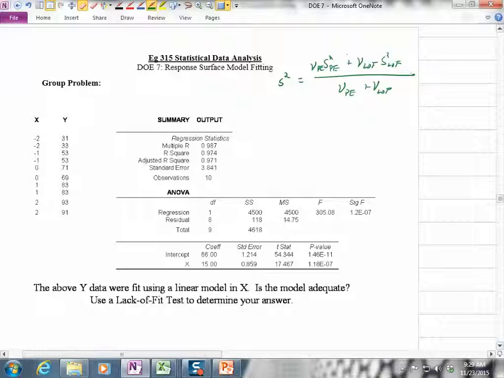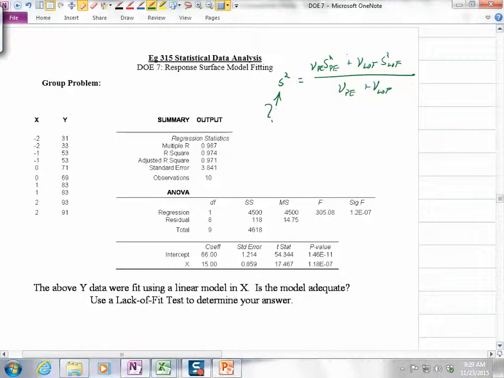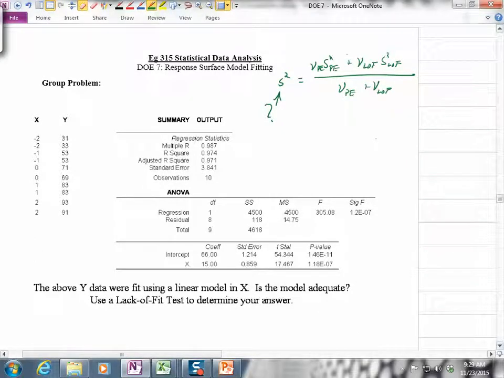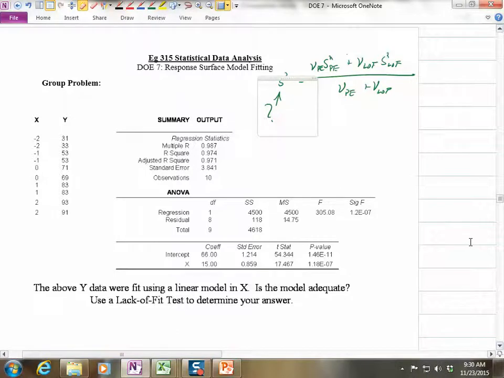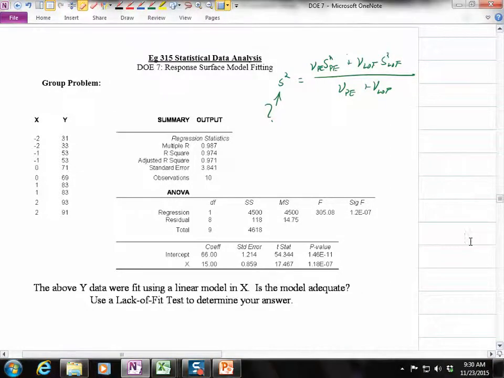So we need to do a couple things. We need to recognize in the regression output, where do we get that? Where do we get SSE? Where do we get degrees of freedom? All that fun stuff from Excel regression. And then we need to look at where do we have replicates and how do we get a variance of all the replicates together. So, all right, so go ahead and get in groups, work together, talk with each other.